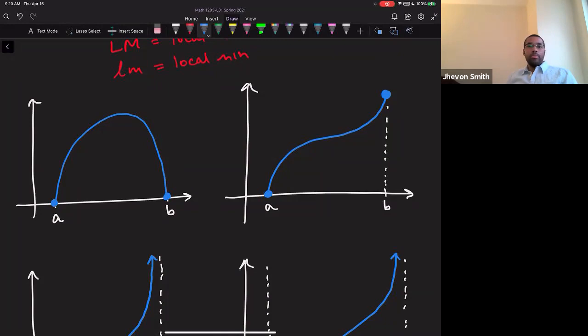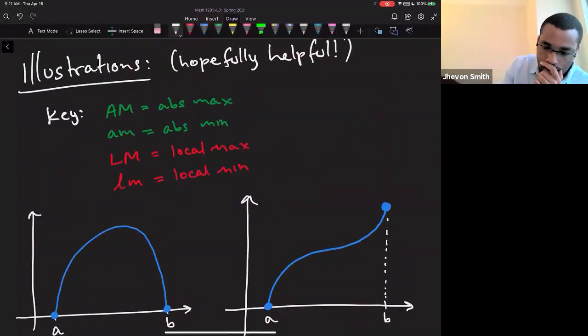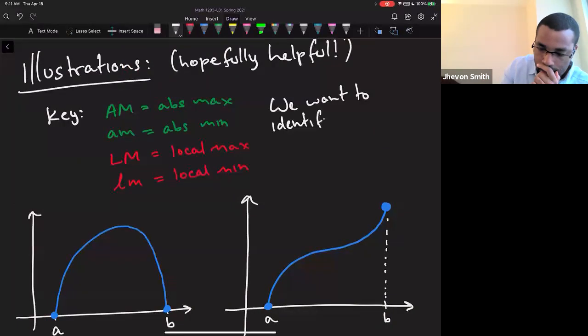So for the first one, top left, is there an absolute max on AB? We want to identify these on the interval AB.